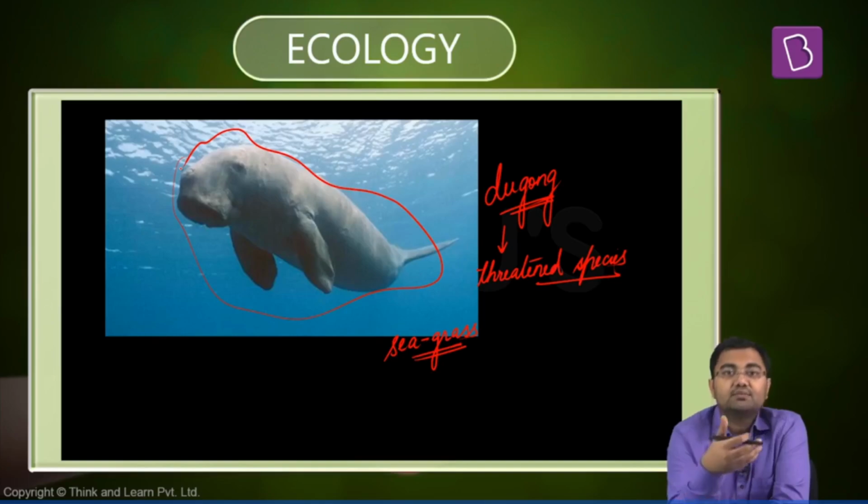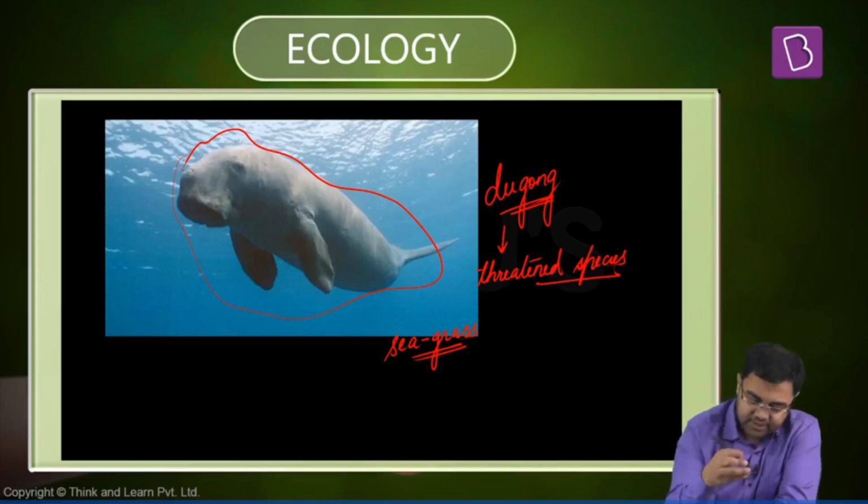So animals such as dugong, which have very specialized niche, are more susceptible to extinction than an animal which would have a very generalized niche. Generalized niche applies to species which can exist in a very broad range of conditions. Humans are best examples of species with generalized niche. You have other animals also which have generalized niche.